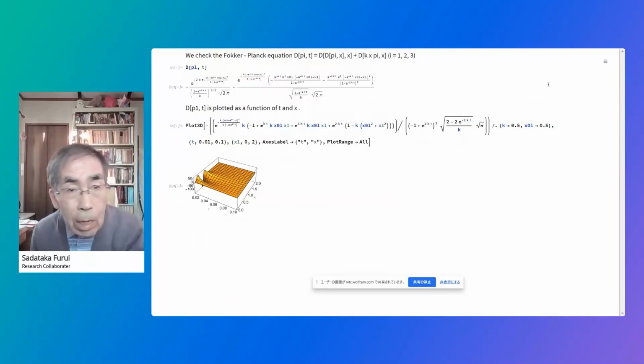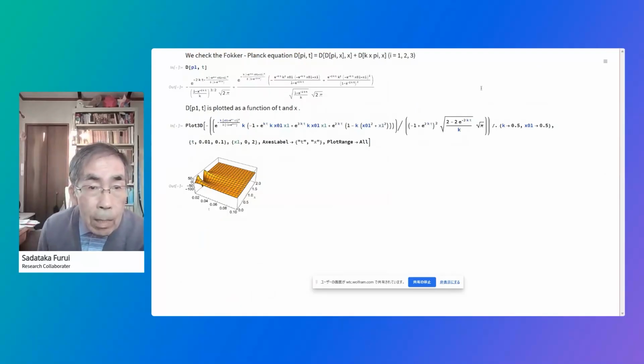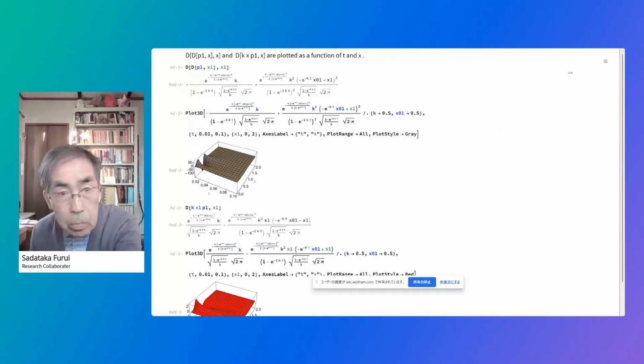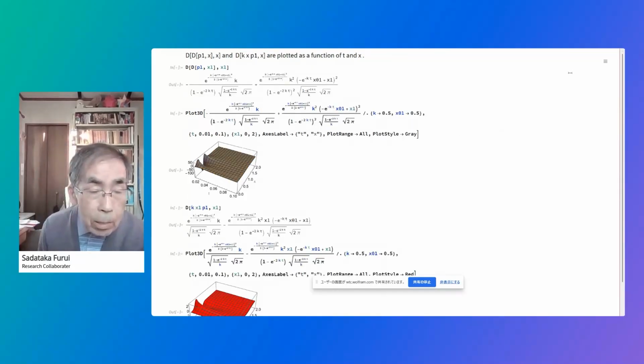We check the Fokker-Planck equation by calculating the left-hand side and right-hand side. So the left-hand side is the derivative by t, and this is this function of t and x. This is the three-dimensional plot of the function solution. And the right-hand side has two parts.